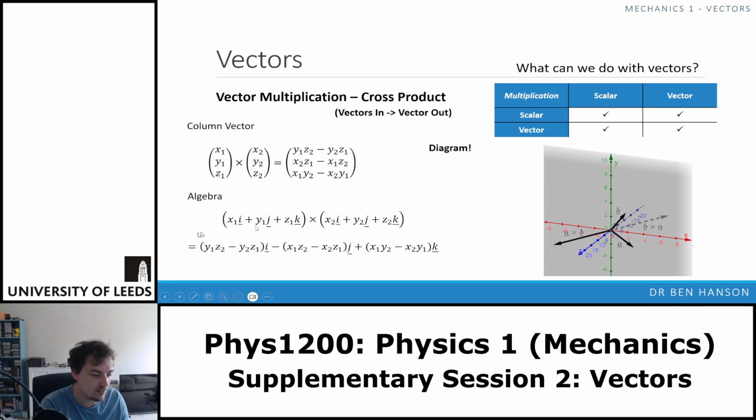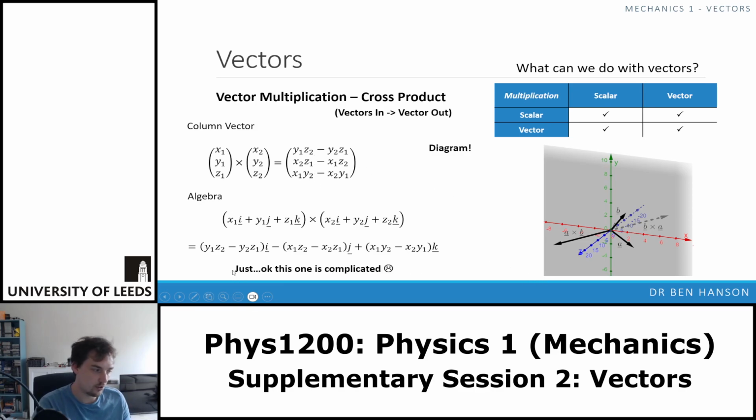Well, i cross i is 0, so that's going. x1i cross y2j, well, that's going to be x1 y2, i cross j is k, x1 y2 is in the z part, the k part. So if we multiply out these brackets using the rules of the cross product that we ourselves have defined, i cross j equals k, j cross k equals i, etc., we get this, which therefore can be represented in a column form like this.